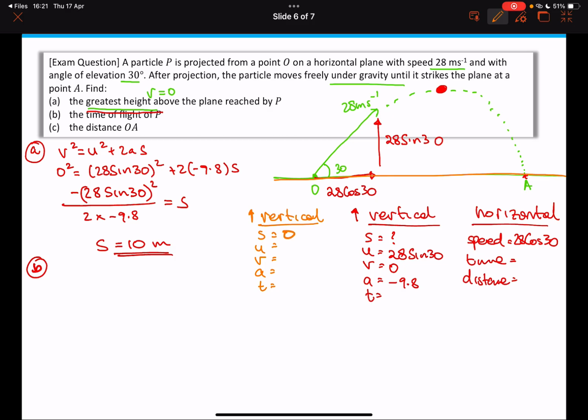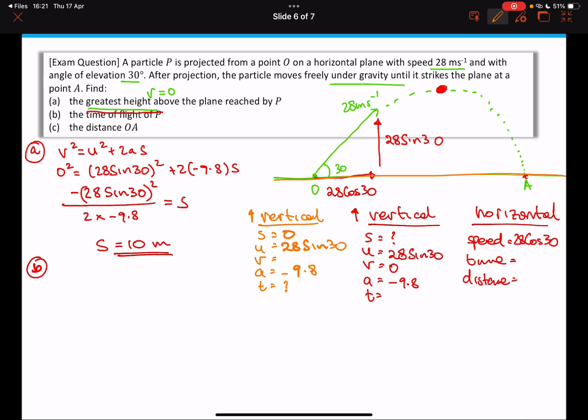My initial speed does not change, still 28 sin 30. My final velocity, I'm not sure at what speed I'm hitting the ground, so I'm not going to put that in. My acceleration is still minus 9.8, because I'm still starting my journey by traveling the opposite way of the gradient, and my time is what I'm trying to find.